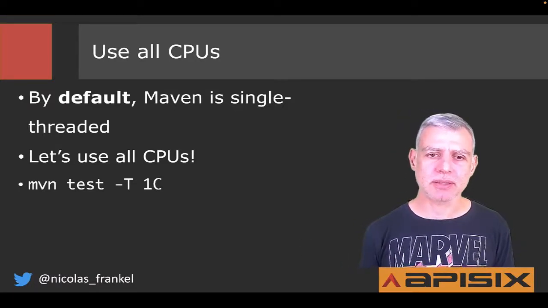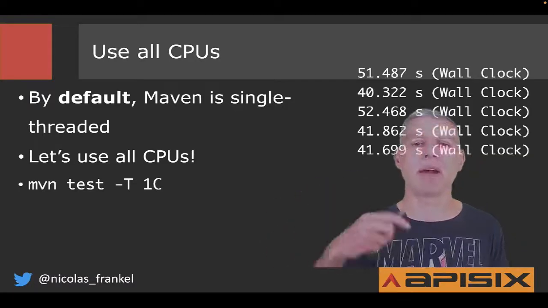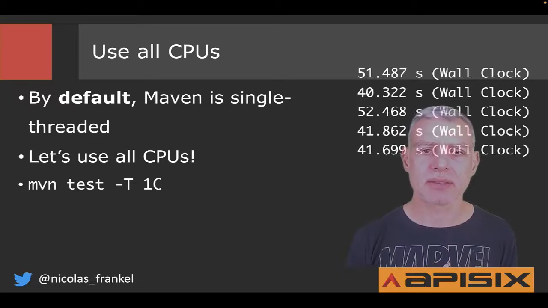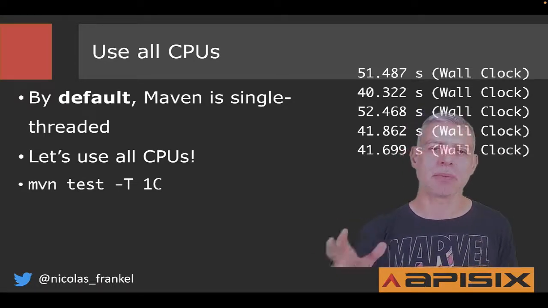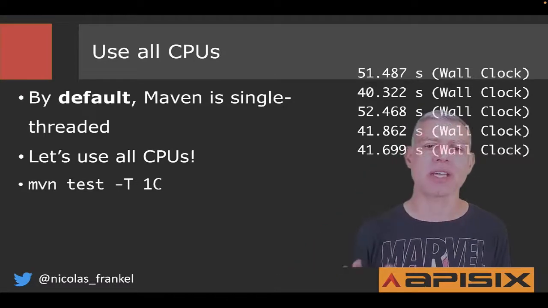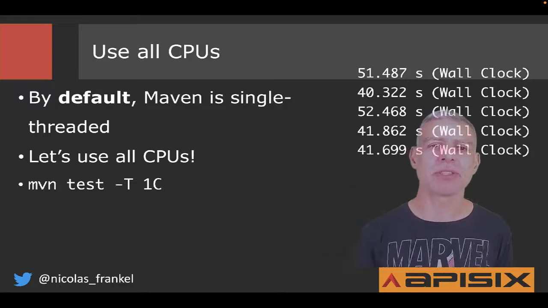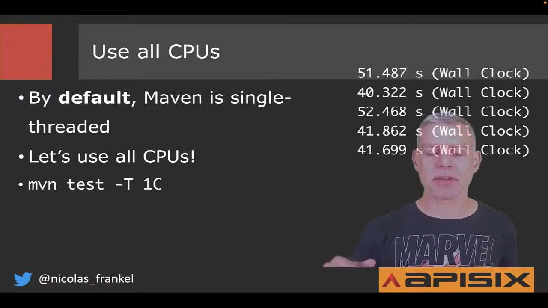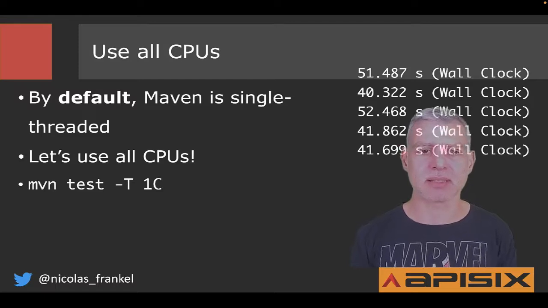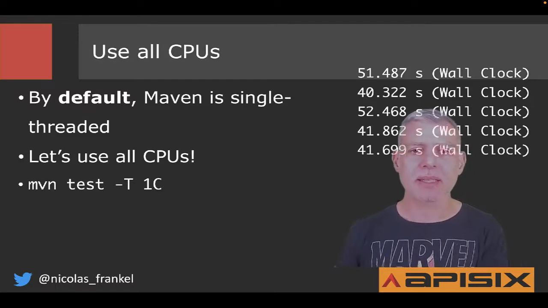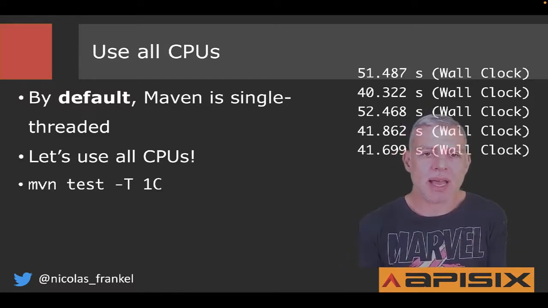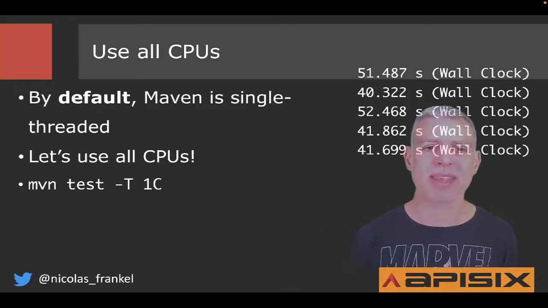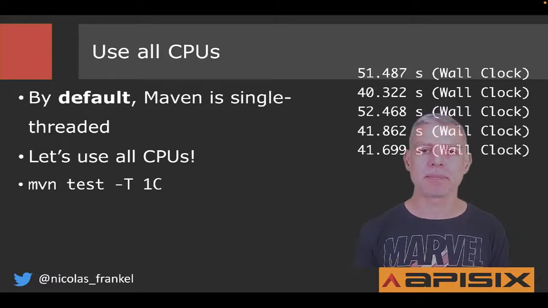So let's run it. And here are the results. We see that even without doing any change, we drastically reduced the time it took. My machine actually has 16 cores, if I'm not mistaken, and I cut more than half the build time.